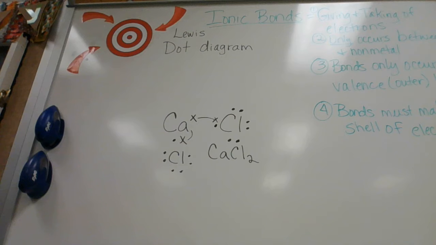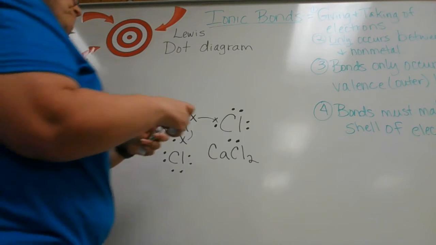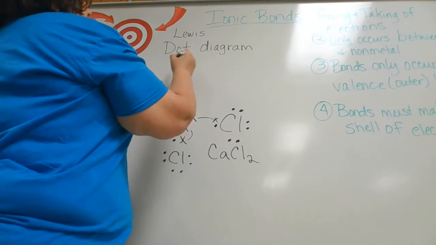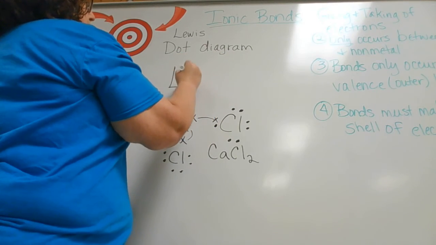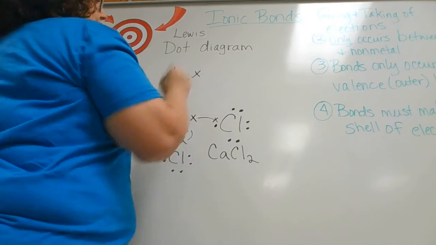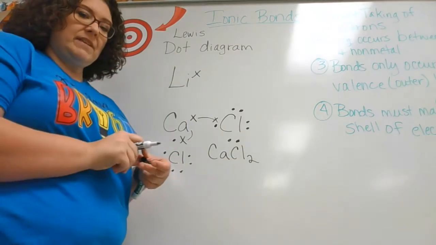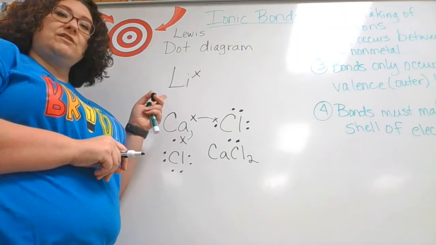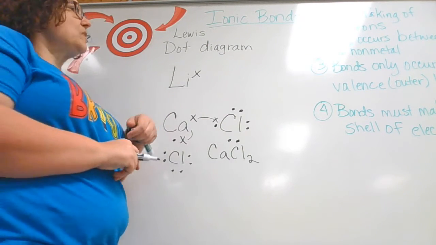Lithium and sulfur. Okay, so we're going to do lithium, which has 1 electron in its outer layer because it's in group 1. So it has 1 electron that it has to get rid of.